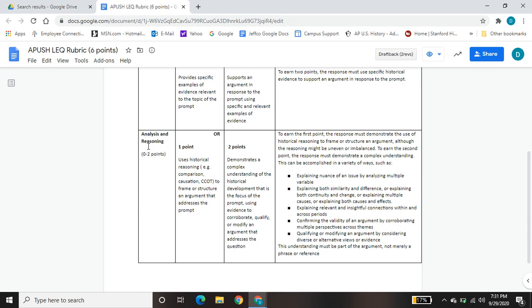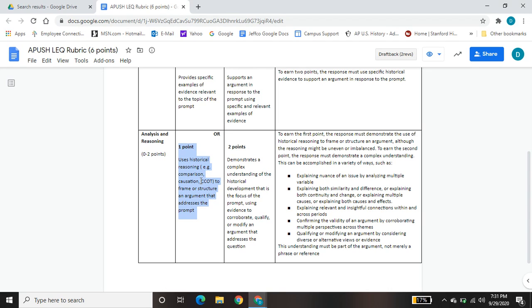And then you have analysis and reasoning. Okay, 0 to 2 points again. 1 point, basically, this 1 point here basically means you wrote the essay you were supposed to write. If you were asked to write a comparison contrast essay, that's the essay you wrote. If you were asked to write a causation essay, this event caused that event, and you write that essay, you get a point.